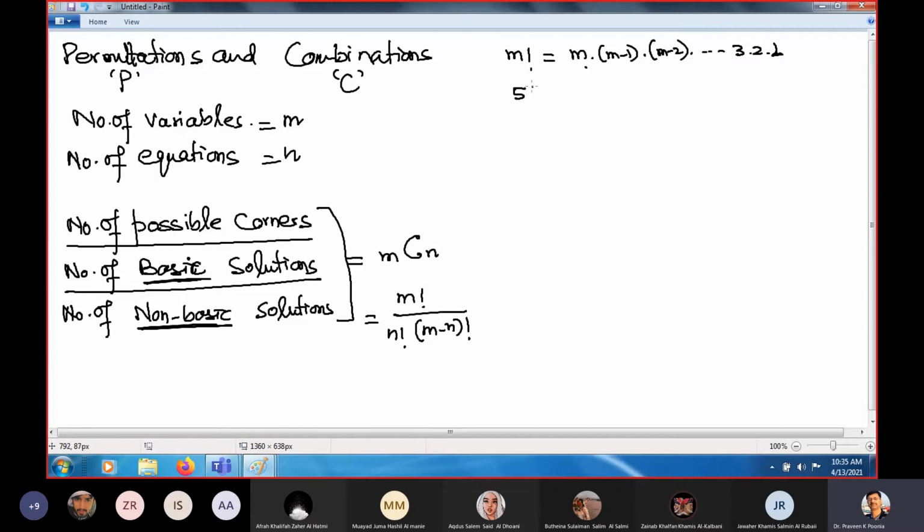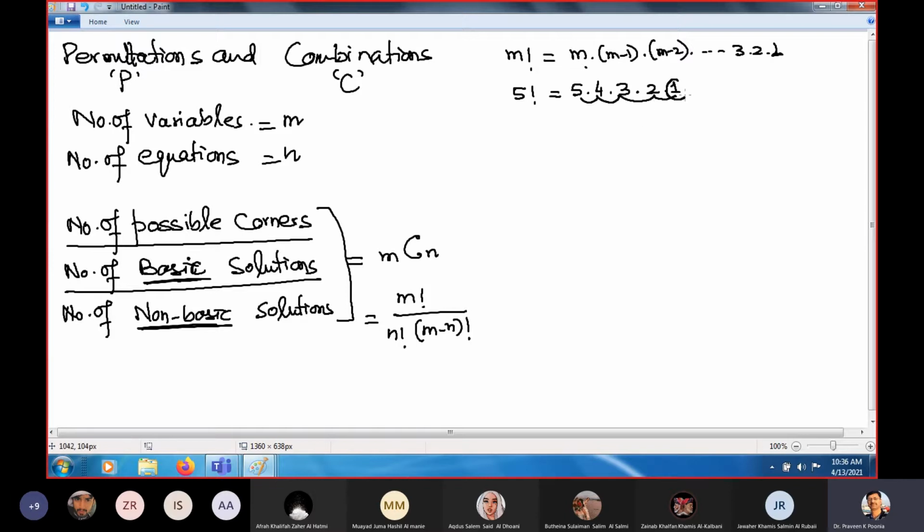Like if you want to find the value of factorial 5, it will be 5 minus 1, 4, 4 minus 1, 3, 3 minus 1, 2, 2 minus 1, it is 1.